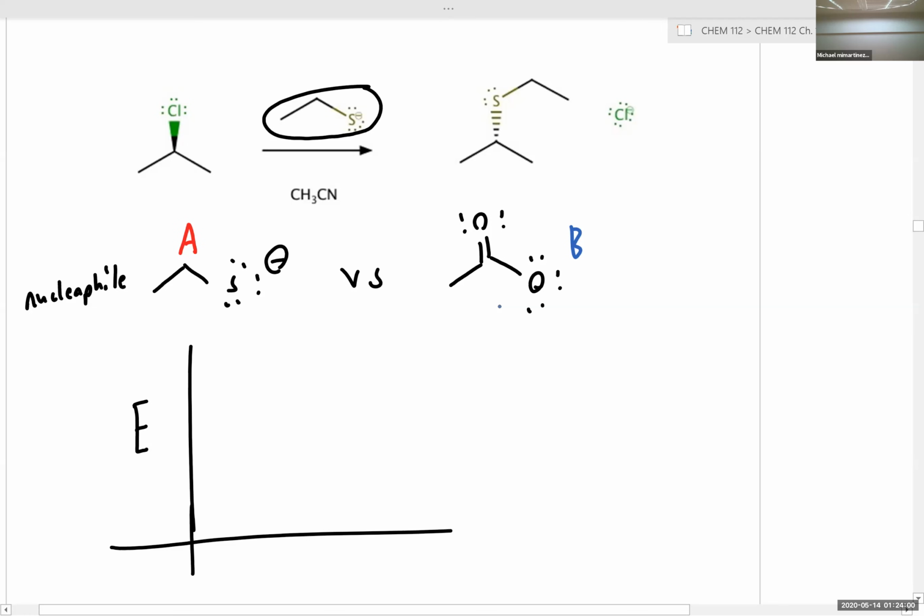I mainly want to see if you can think through how changing different reaction parameters affects your activation energy and your reaction rate. So let's take about 2 to 3 minutes and try to draw a reaction coordinate using the annotate feature, and then we'll come together as a group to discuss.